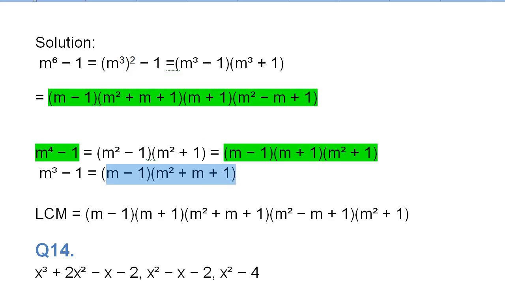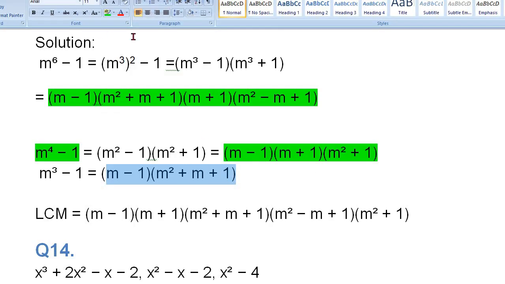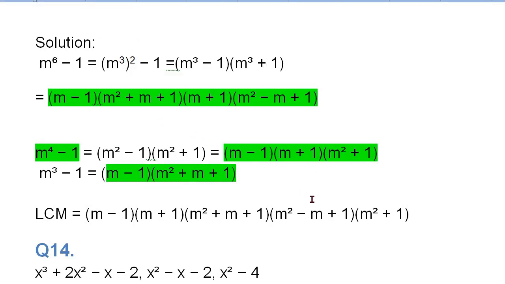Repeating terms means if there are 2, you will take only one time. Now you can see that you have m minus 1 in all three, so you will take 1. Now m plus 1 is in only 2, you will take 1 time m plus 1. This m square plus 1 is present in only 1, so we will take it. This is your LCM.